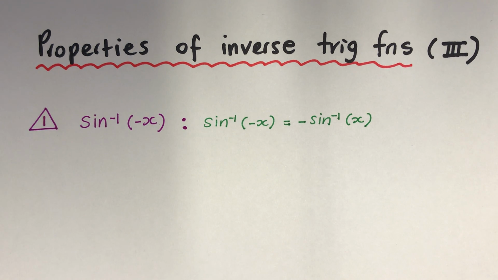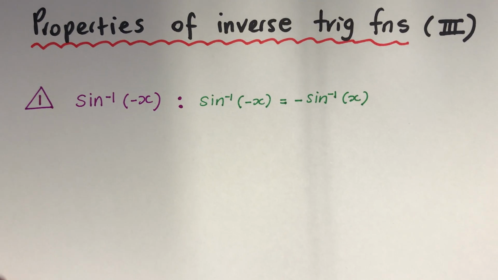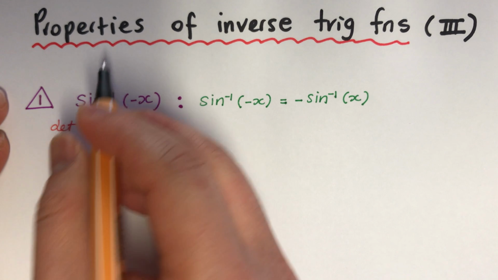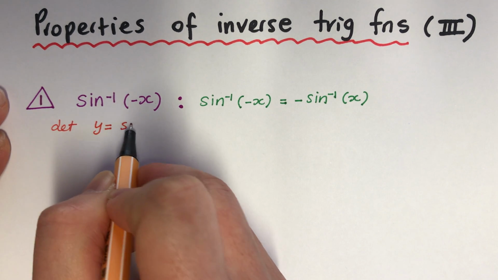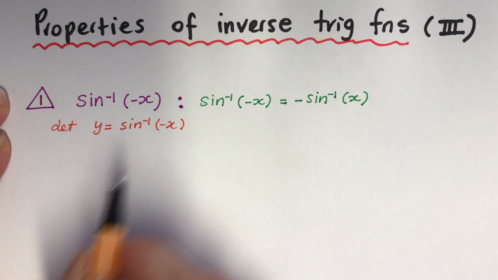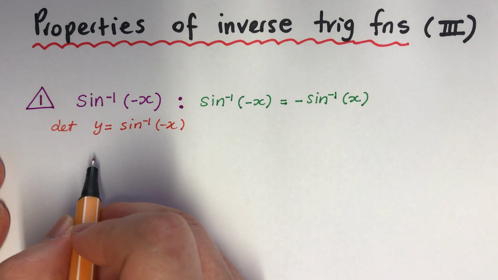Okay, first one, inverse sine of minus x. Now we need to prove that's what it is. I'm going to let y equal inverse sine minus x. Okay, watch this carefully what I'm doing.